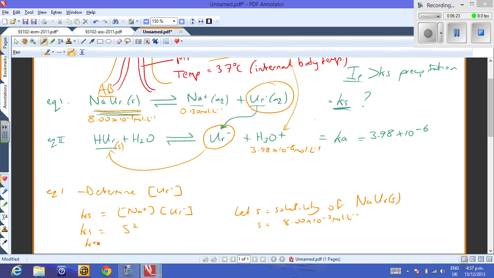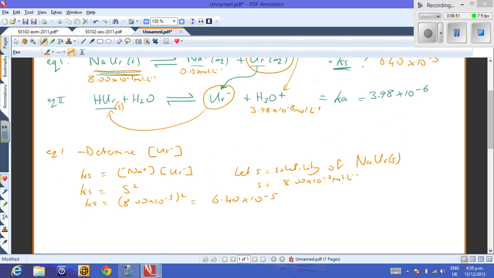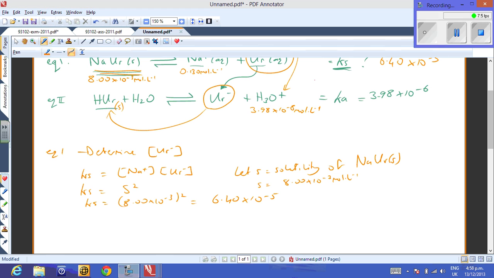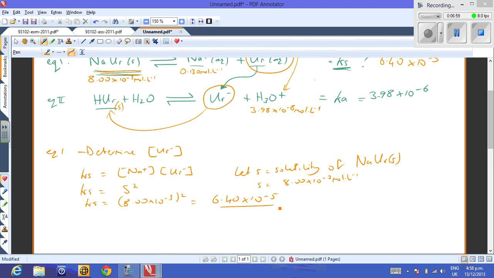So the Ks then is equal to 8.00 by 10 to the minus 3. You square that number and you get a value for your Ks of 6.40 by 10 to the minus 5. So our Ks expression can be written up here, 6.40 by 10 to the minus 5. We now can use that Ks expression to work out a concentration of urate ions, because we also know the concentration of sodium.